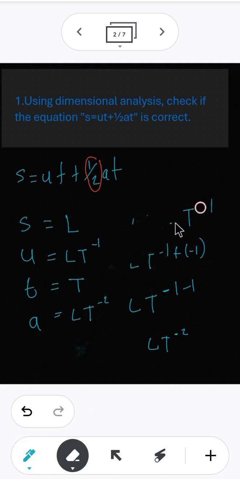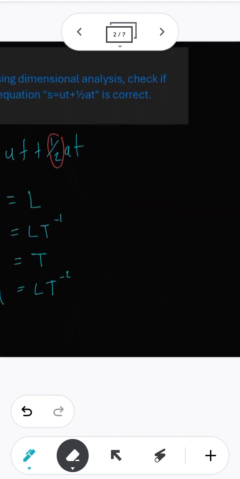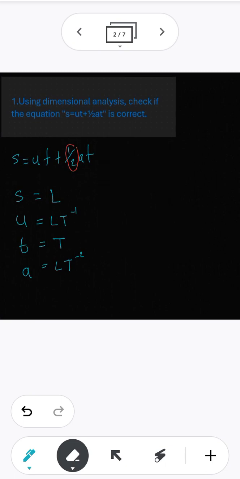So we're done with step 1 of the calculation. Step 1 is simply to write out the dimensions of each of the quantities you have in the equation. Now step 2 is to replace each of the quantities with its dimension from the equation.